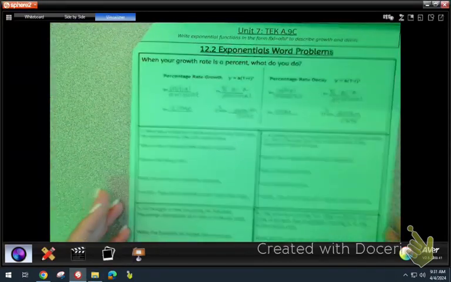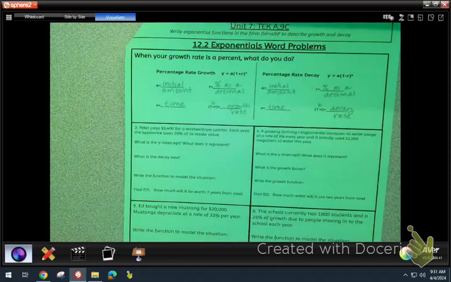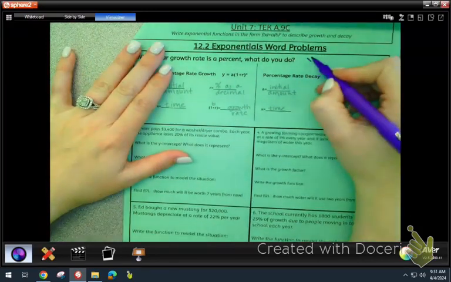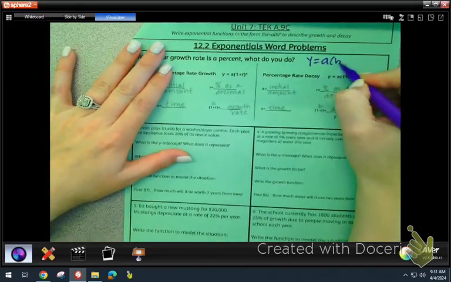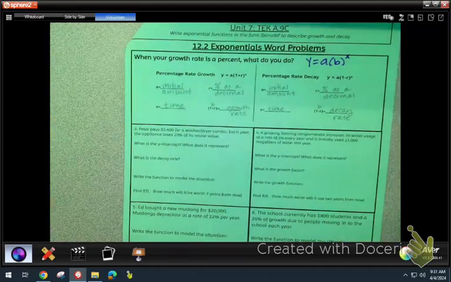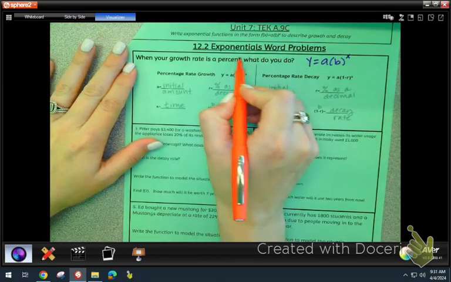Okay. So the next page, again, we're keeping forward with this. y equals a times b to the x. Go ahead and write that up here. But we have a slight variation with our b values if, and only if, you have a growth or decay rate that is a percentage.